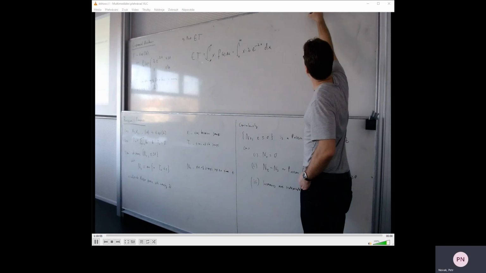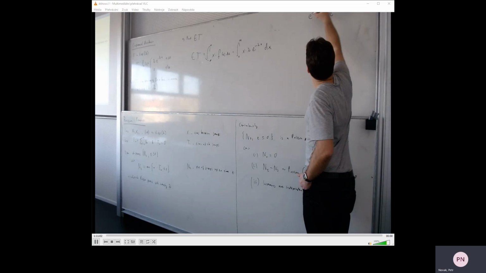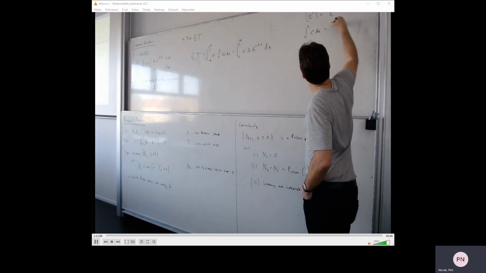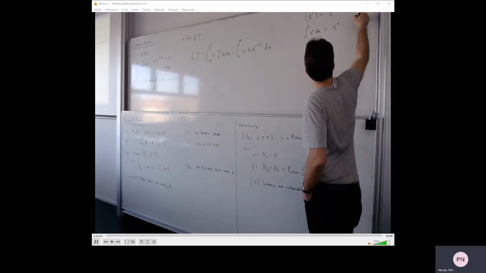If we take the derivative of e to the power of x, we would get e to the power of x. The integral of e to the power of x dx is also e to the power of x, plus a constant c, since it's an indefinite integral.